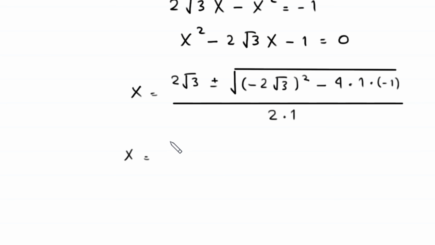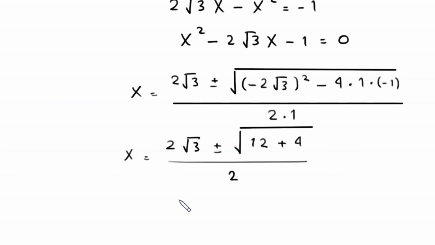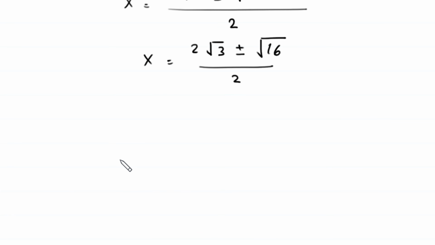Negative 2 times root 3 whole squared becomes 12, and negative 4 times negative 1 becomes plus 4, so x is equal to 2 times root 3 plus or minus root 16, divided by 2.